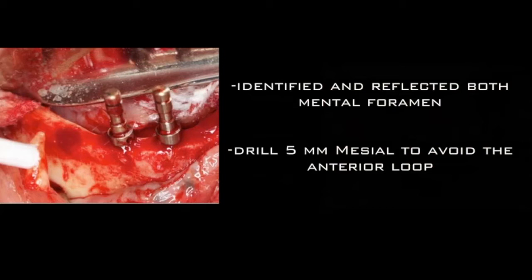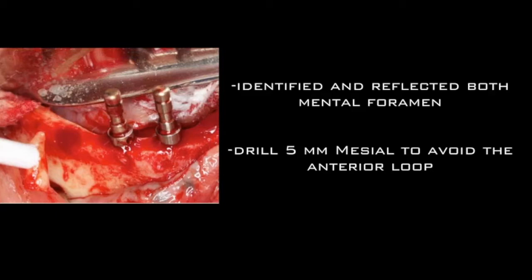In your CT scan, you have measured already how far that loop goes. So if you have to go 5 millimeters mesial, you'll put your next pin 5 millimeters mesial, so you avoid that loop from that foramen. What do we mean by loop? Loop means that the mental nerve, as soon as it exits the mental foramen, has a portion that continues on in the internal part of the bone, and it forms a canal anterior in the mesial aspect of the foramen.